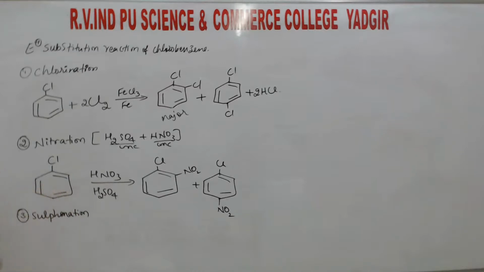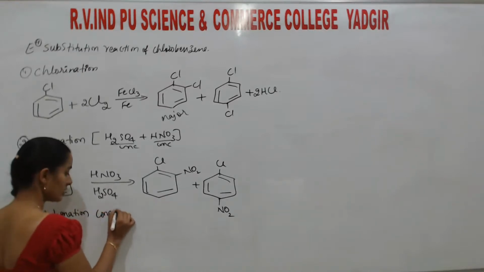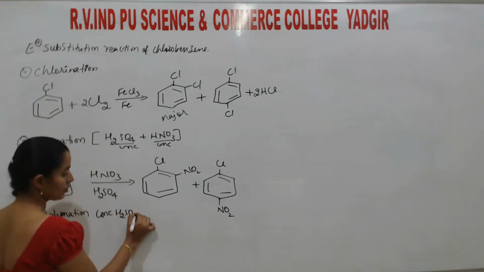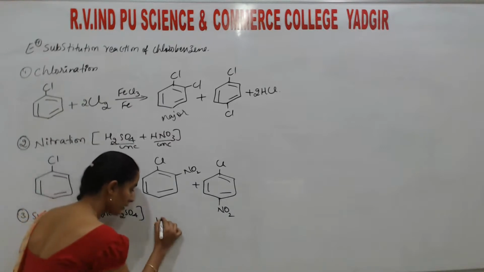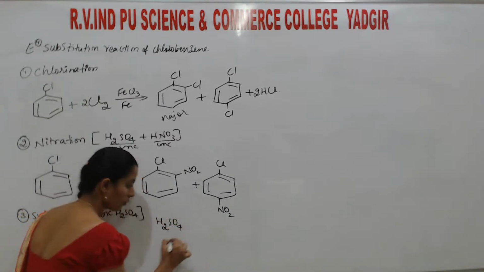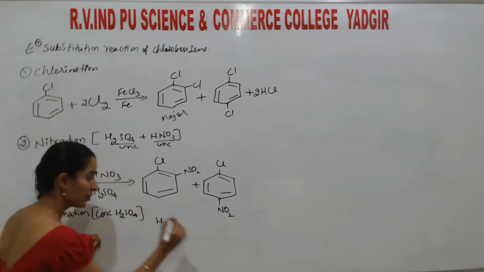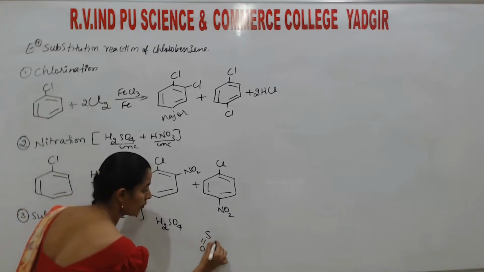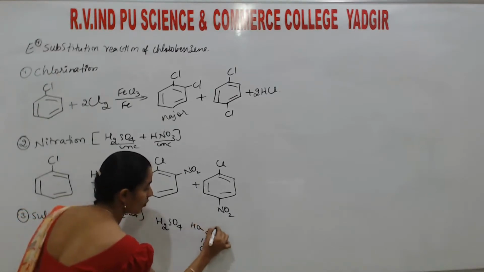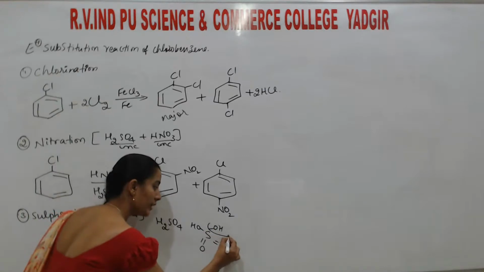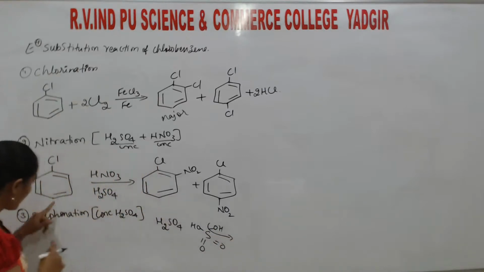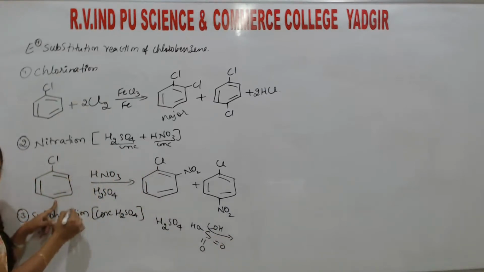sulfonation. Okay? In this sulfonation, the reagent is concentrated H2SO4. How is it dissociated? Listen. H2SO4 is written as S double bond O, double bond O, OH, OH. So OH is dissociated as OH-, and from here H is there.